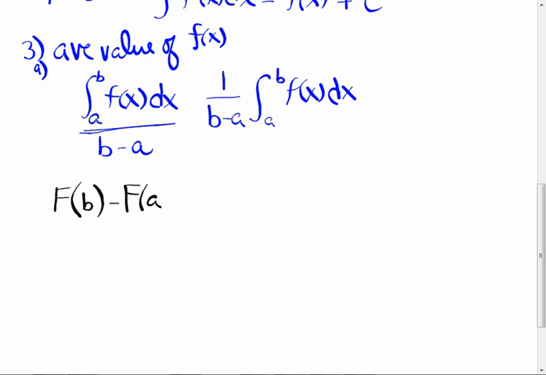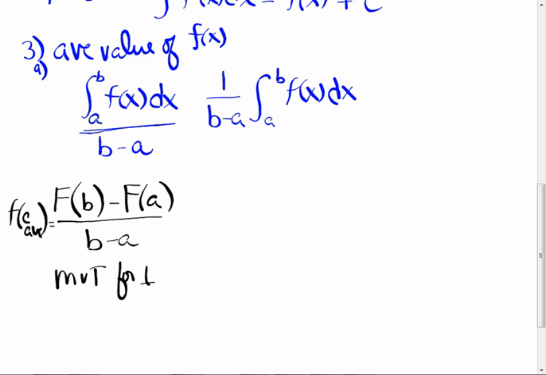I'm using the fundamental theorem of calculus. What does that look like? Looks like slope. Just wait. So this is f of c average. This is the mean value theorem for integrals.